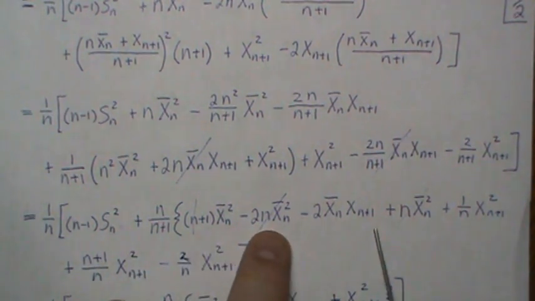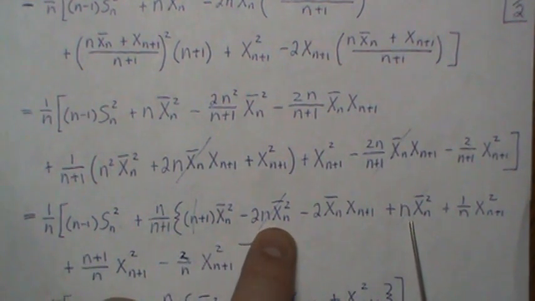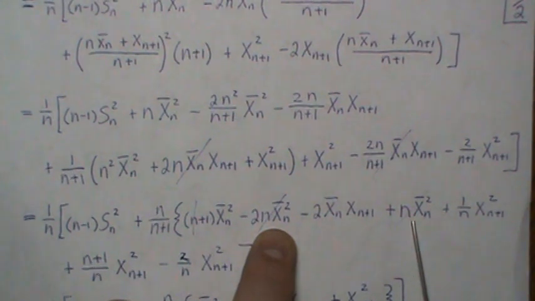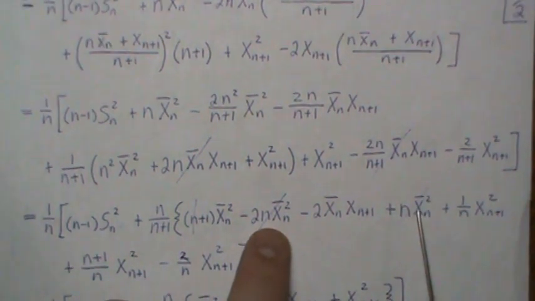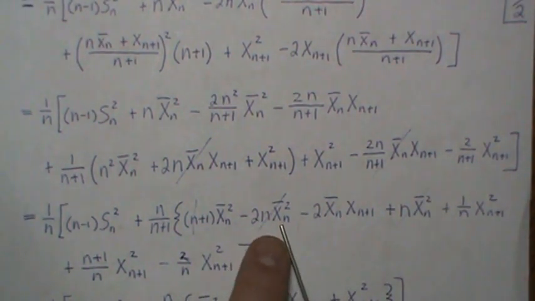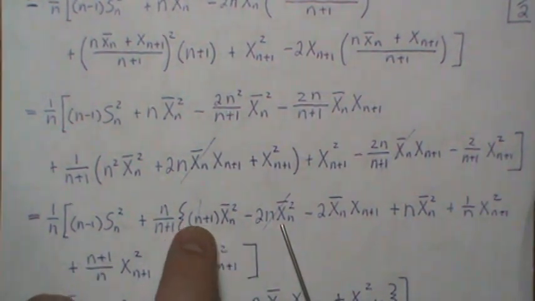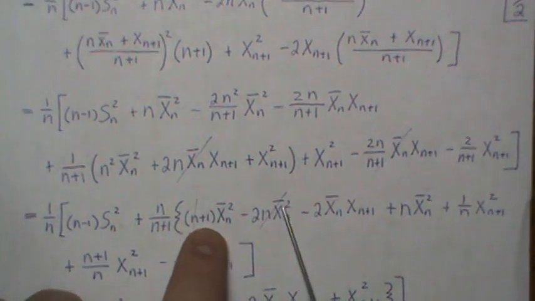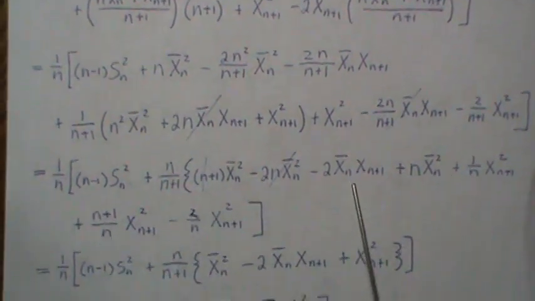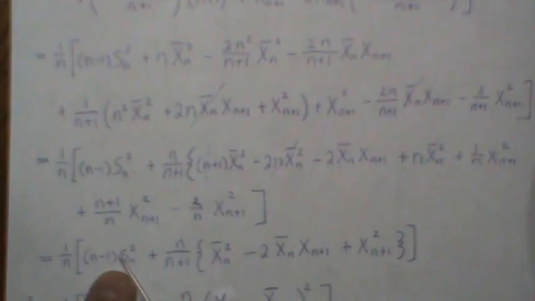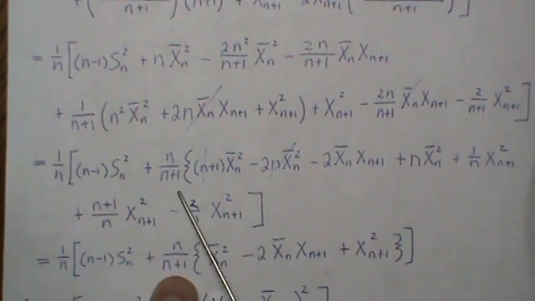Now, next, we get some cancelations. So notice this is minus 2n x_n bar squared. This is n x_n bar squared. So one of those cancels, and we're left with a negative n. But when we multiply that piece in, we get an n times x bar squared. So that cancels with the remaining piece. So then what's left over is we get this. We get n over n plus 1.